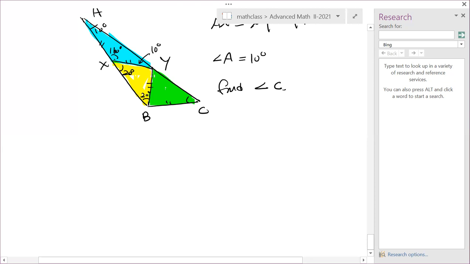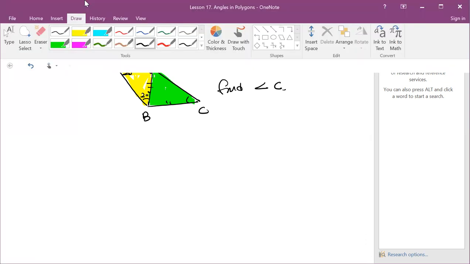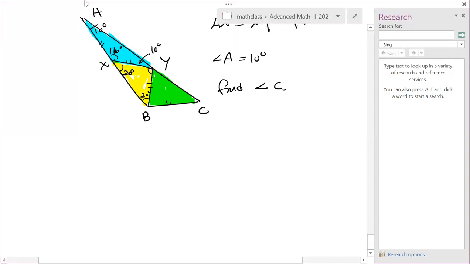Now once you get this angle, 20 plus 100, 140... Once this is 140, then I can figure out the other angle, because 10 plus 140 is 150, and 150 plus 30 degrees gets 180 degrees. So finally, this angle should be 30 degrees. Just step by step in sequence, and then you get the 30 degrees.